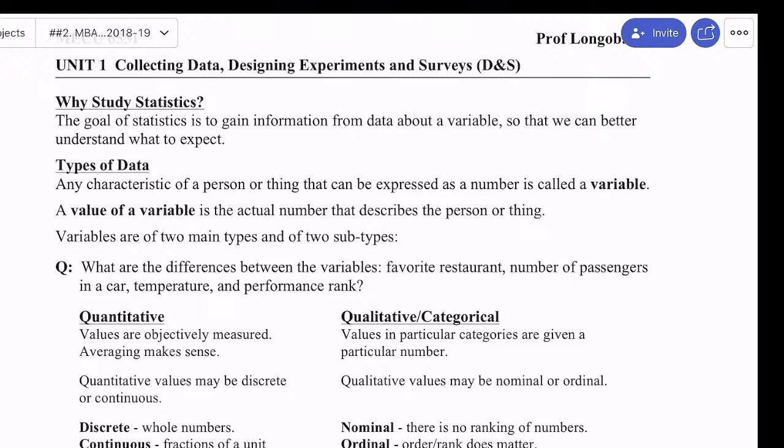Give me an example of a statistic, please. Or give me an example of a statistic.